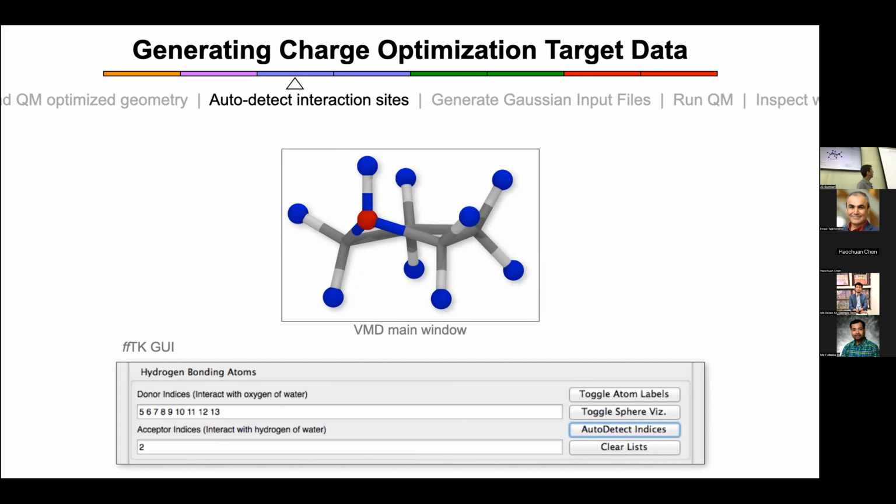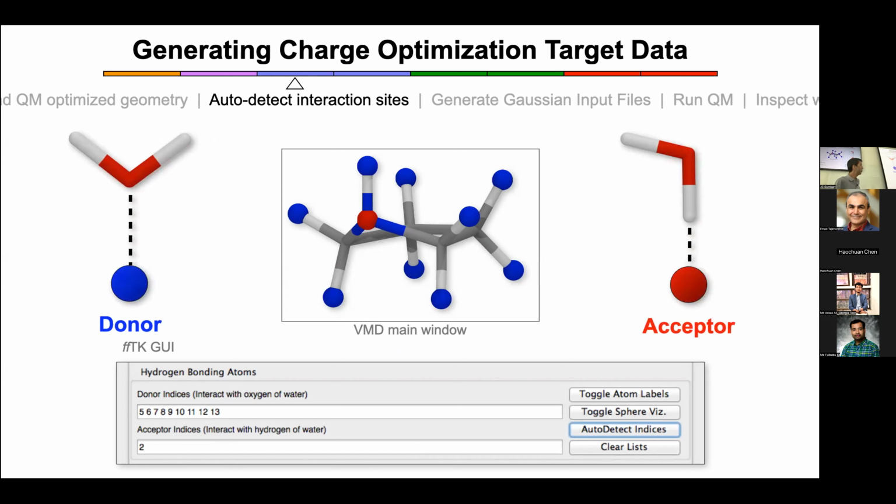Like all these hydrogens, it'll say, okay, those in principle could be hydrogen bond donors. And then, oh, there's a nitrogen there, maybe that can be a hydrogen bond acceptor. Typically, you can trust ffTK to guess these correctly, but always take a look. It will show you visually, and if for some reason you think it's wrong, you can override it.